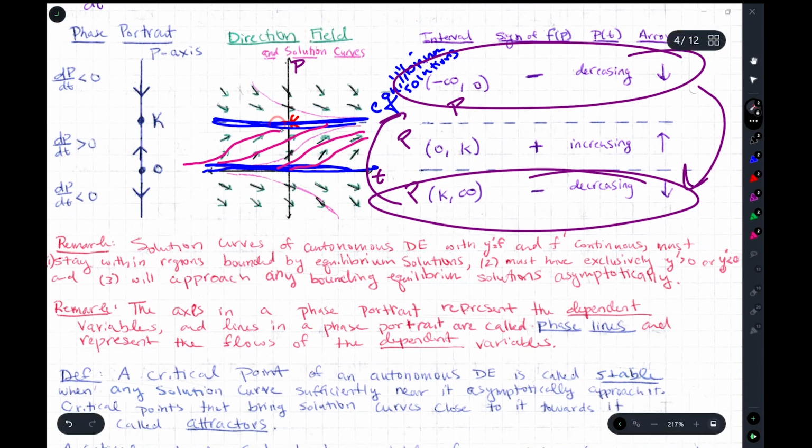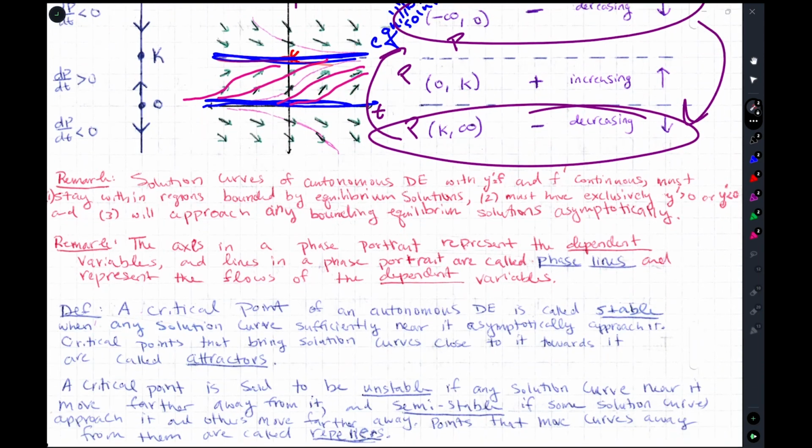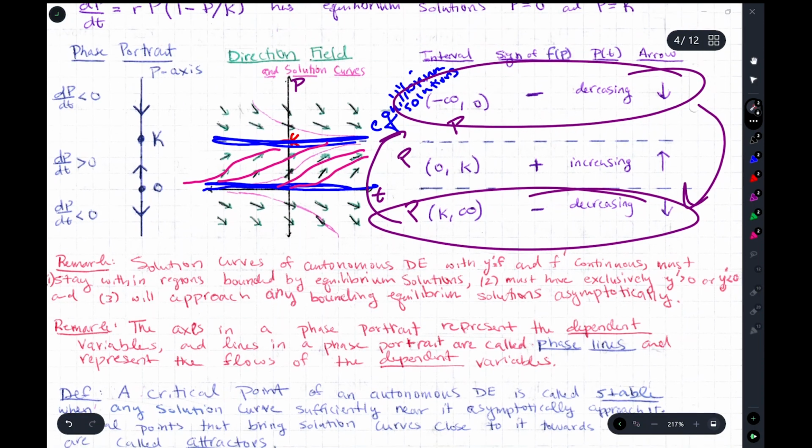If we start anywhere near this equilibrium solution, where do we go? We approach it. This equilibrium solution at p equals k has a way of attracting solutions to it.